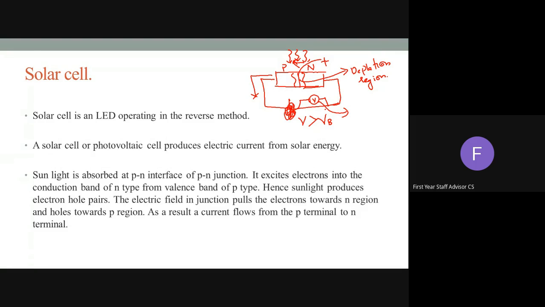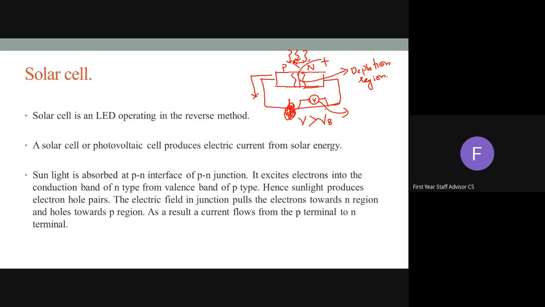In case of a solar cell, light incident on the intrinsic region or depletion region creates electron hole pairs. These electron hole pairs contribute towards the current. In the depletion region, electrons from the valence band are excited to the conduction band, or we can say an electron hole pair is formed when light energy is incident.